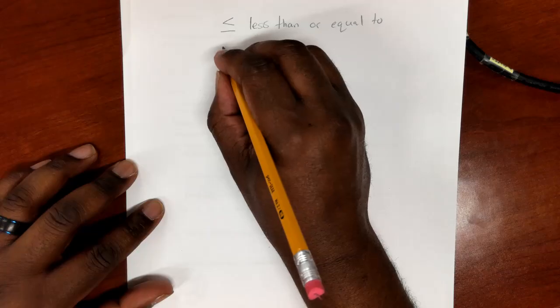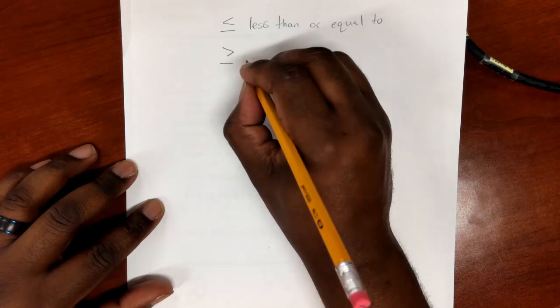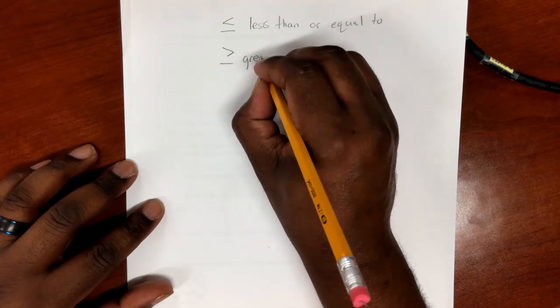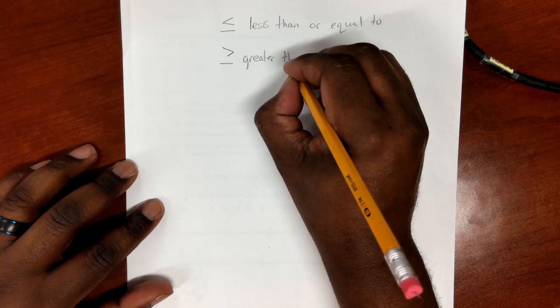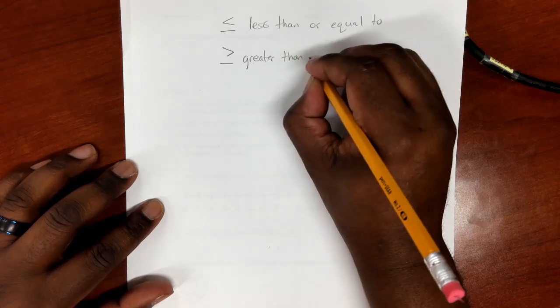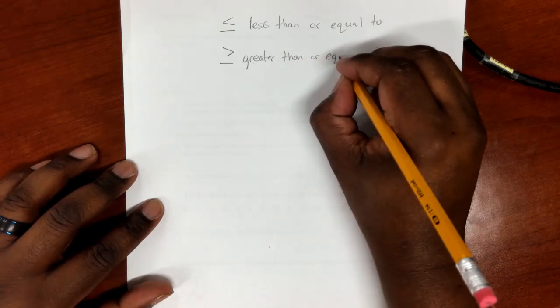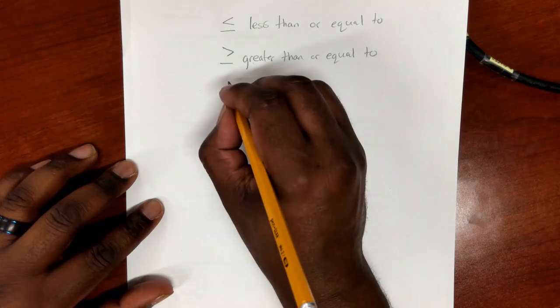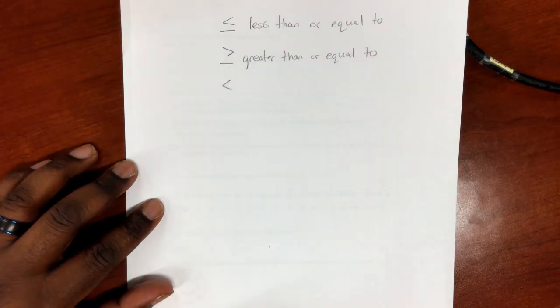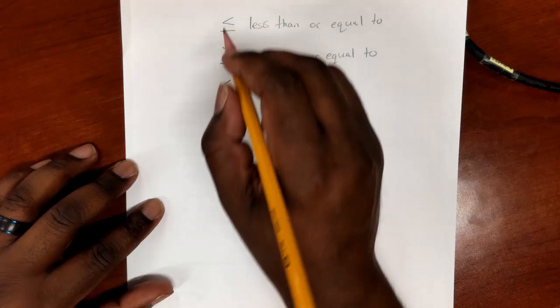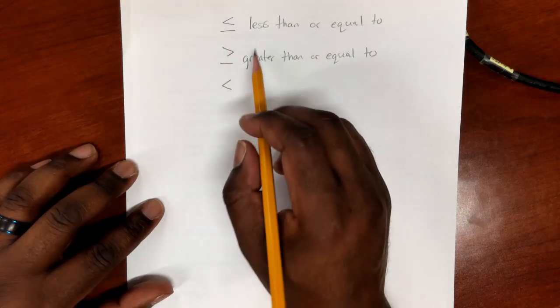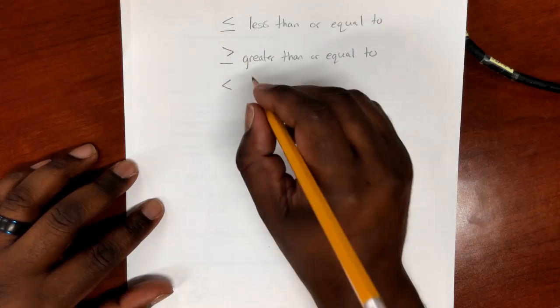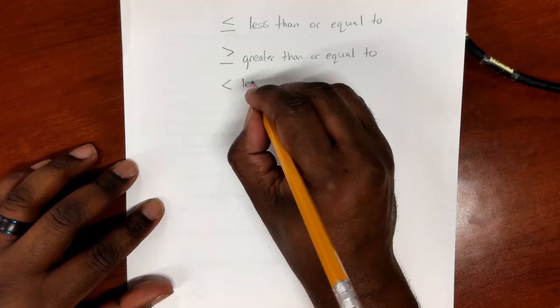You have this other symbol here, which is the opposite of that, and this means greater than or equal to. And then you have this symbol right here, which is the same thing as this symbol, but it doesn't have the line under it. So if it's the same as this one but without the line, then this one is just strictly less than.